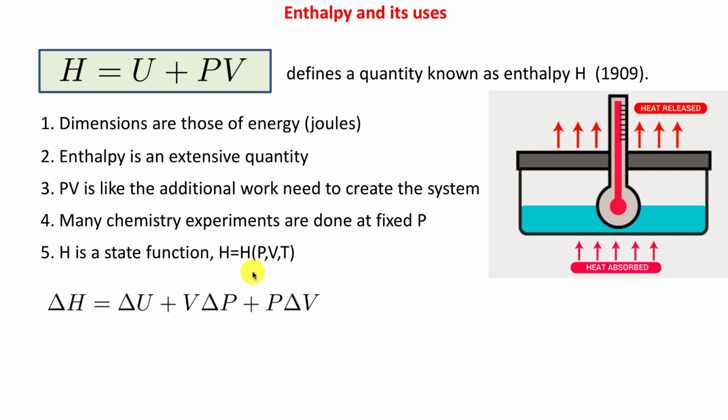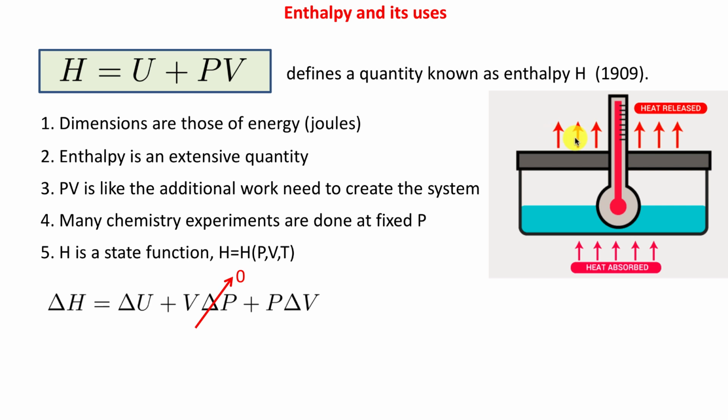Now let's see what happens if we make a small change in U, in P, and in V. In that case, delta H will be just the change in U plus V delta P plus P delta V. Now, in an experiment like this one over here, you don't change the atmospheric pressure.